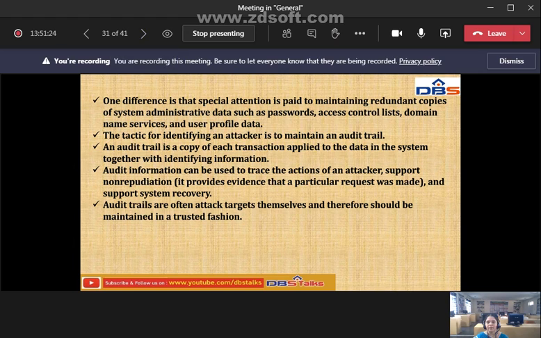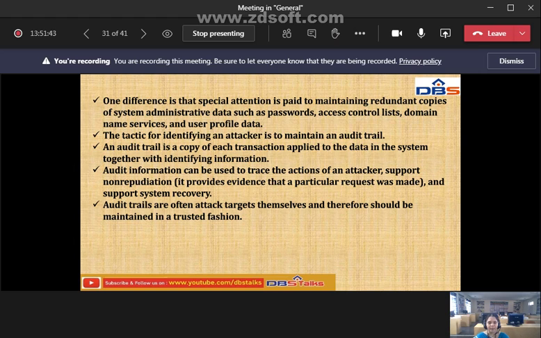Next, one difference is that special attention is paid to maintaining redundant copies of the system administrative data such as passwords, access control lists, domain name services, and user profile data. So, we need to maintain the redundant copies.